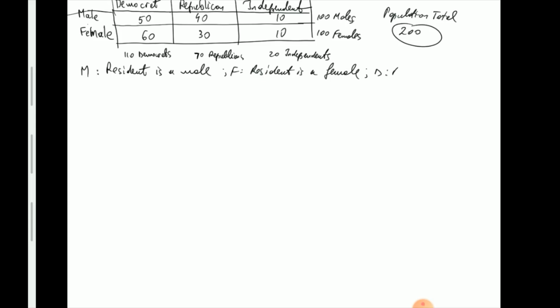D, resident is Democrat. R, resident is Republican. And then I, resident is independent.